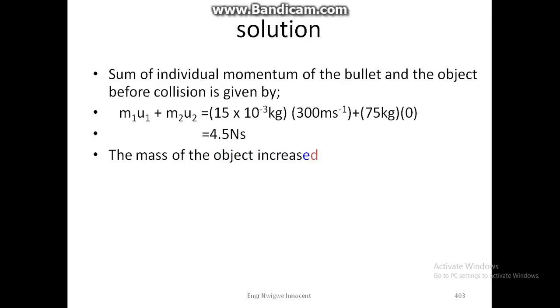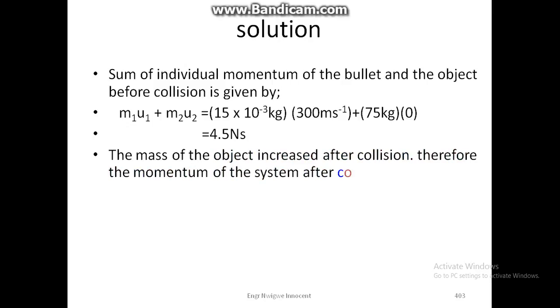The mass of the object increased after collision. Therefore, the momentum of the system after collision is (m1 plus m2) v, which is equal to (0.015 plus 75) kilogram times v.